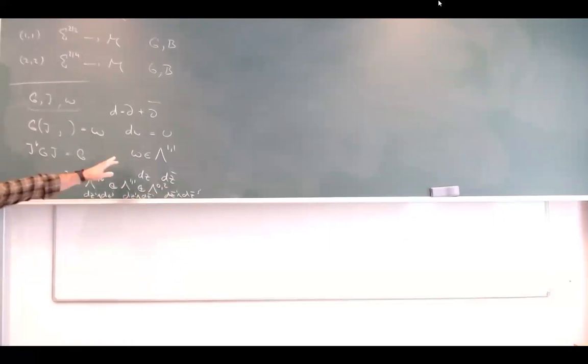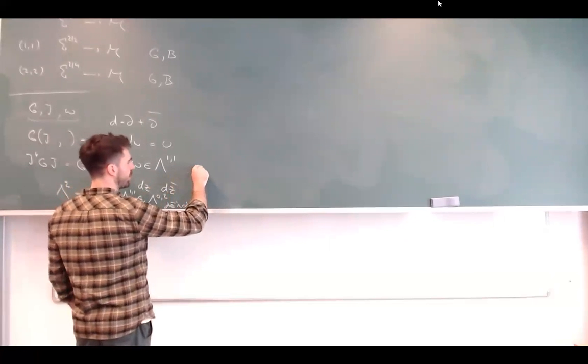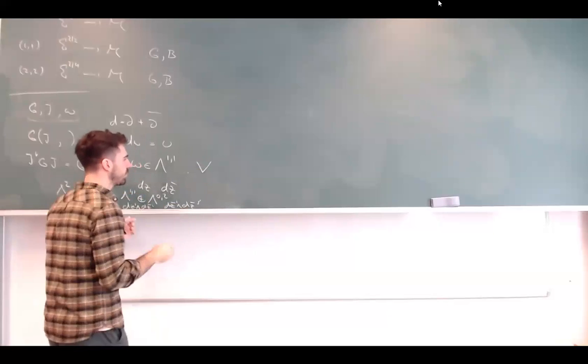So omega is only in this part of the expansion. And there's a potential coming along with it, which we call the Kähler potential.